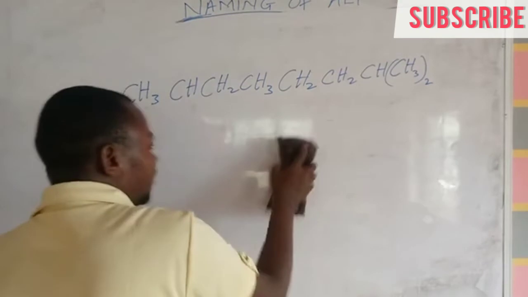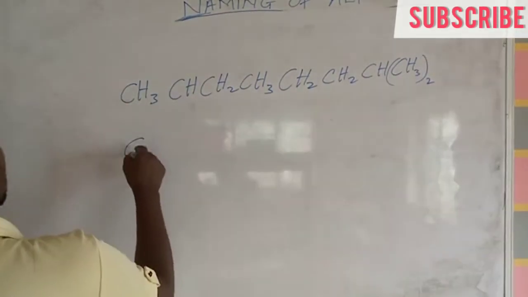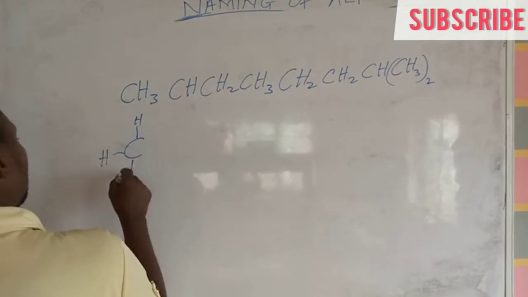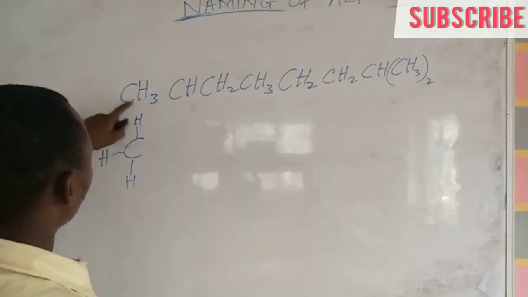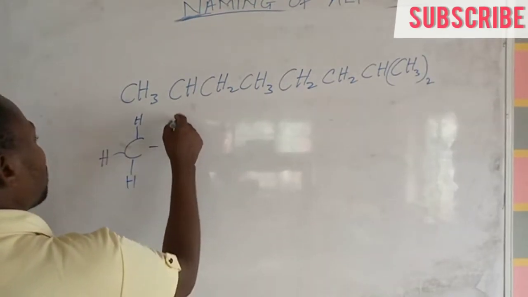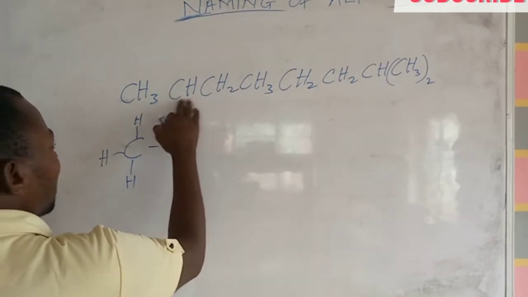Let's spread it. So this is C. I have one hydrogen here, another hydrogen here, another hydrogen here. So I'm done with this. Look at this. I have a C, I have one hydrogen here. It's supposed to be CH2. This carbon is supposed to carry CH2.